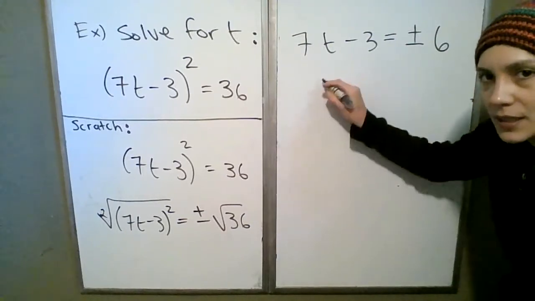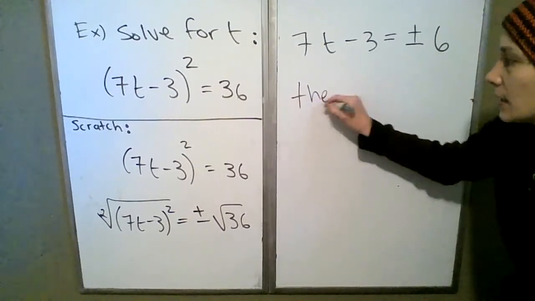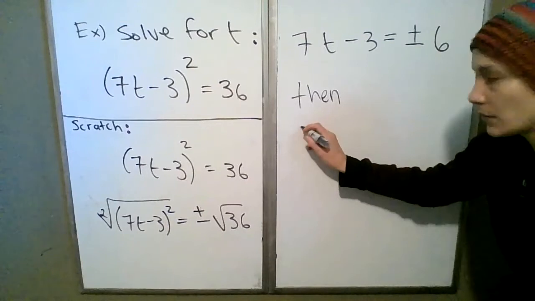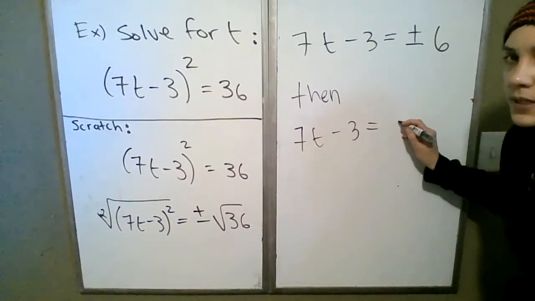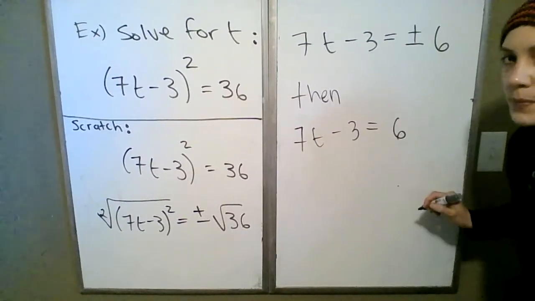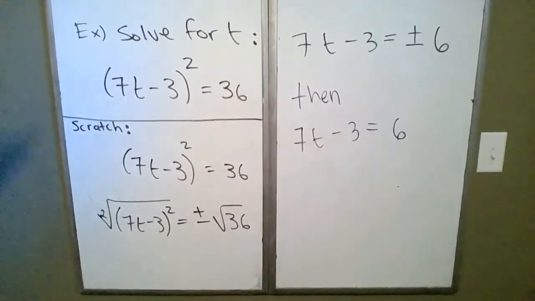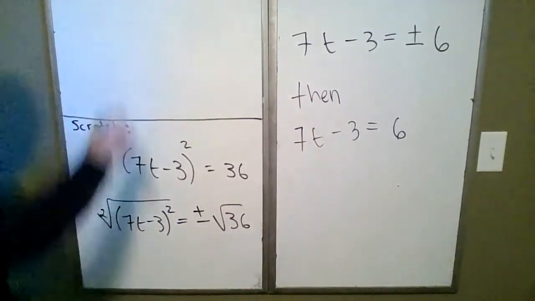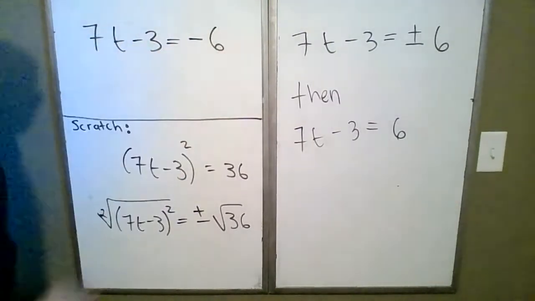We're going to create two equations, like I said. The first one is where this 7t minus 3 is equal to positive 6. Then the other one, 7t subtract 3 is equal to negative 6.